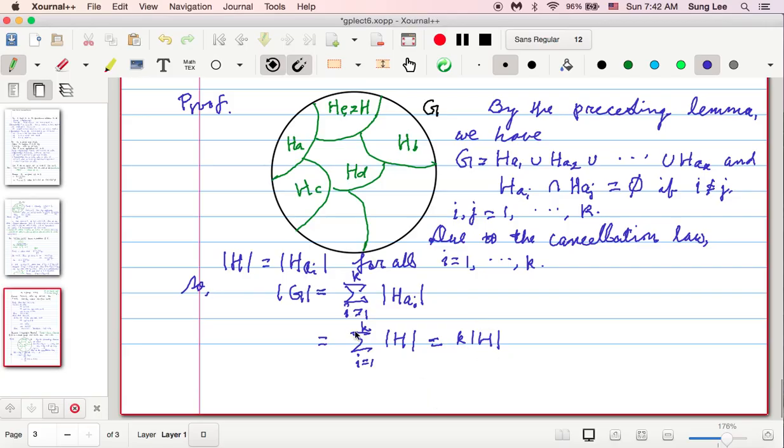That means the order of g is an integer multiple of the order of h. In other words, the order of h divides the order of g. So this completes the proof. We just proved Lagrange's theorem.